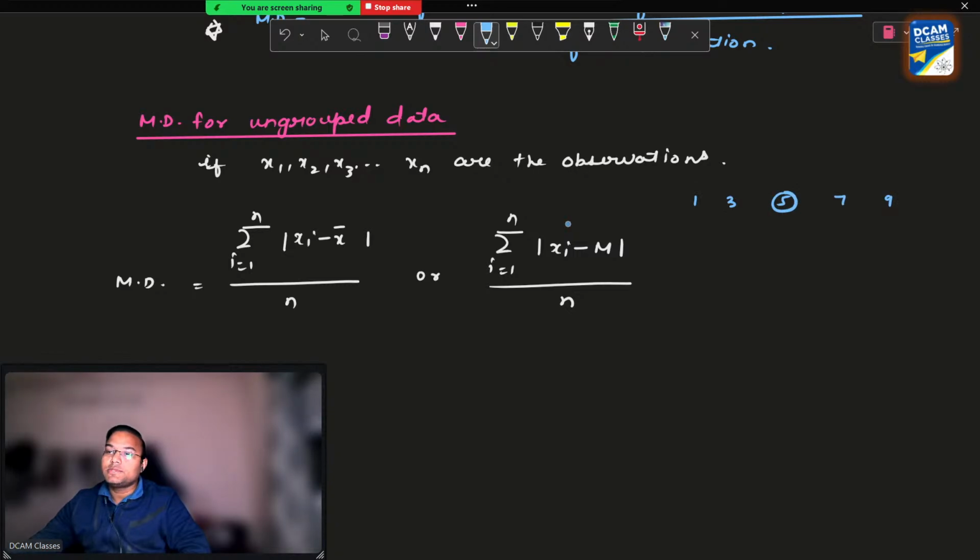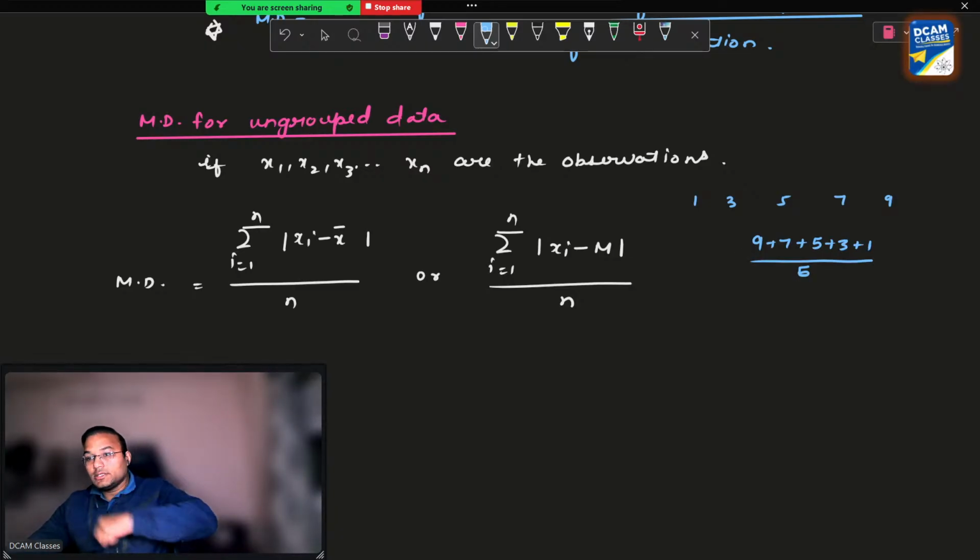Suppose some value comes out to be your mean, which is in between them. I'll calculate the value. It's 9 plus 7 plus 5 plus 3 plus 1 divided by 5, that is 25 by 5, which is 5. This is the mean.